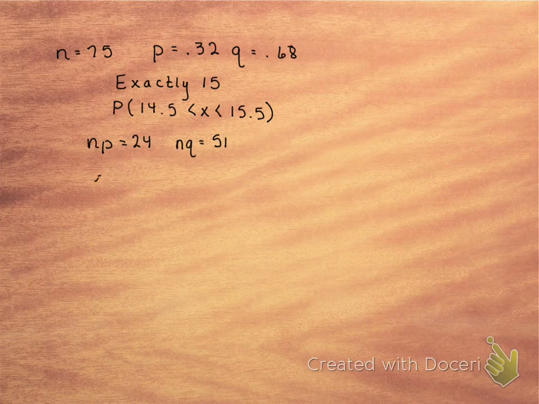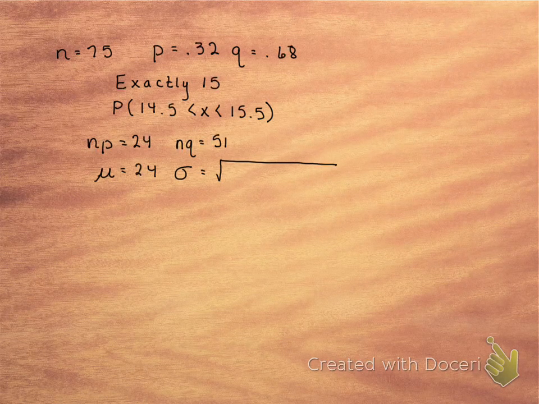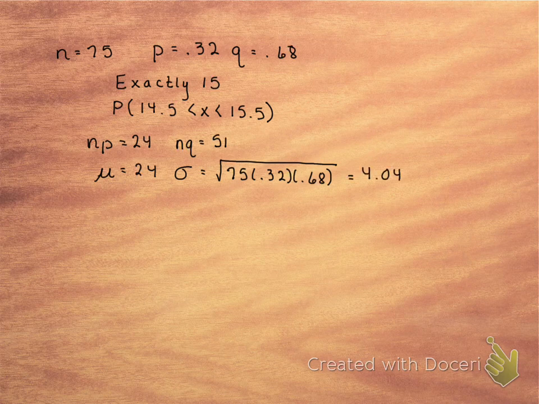Our mean is 24, same as N times P. And the standard deviation is the square root of multiplying all of those together, which gives us a standard deviation of 4.04. Please check that on your calculator.